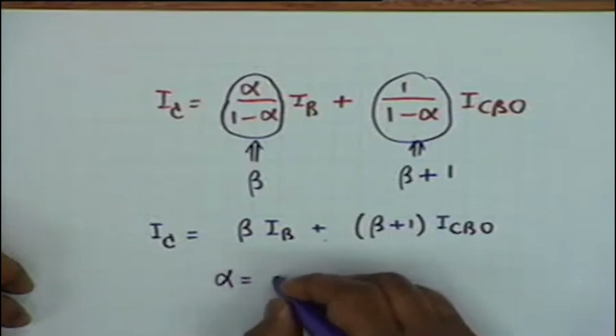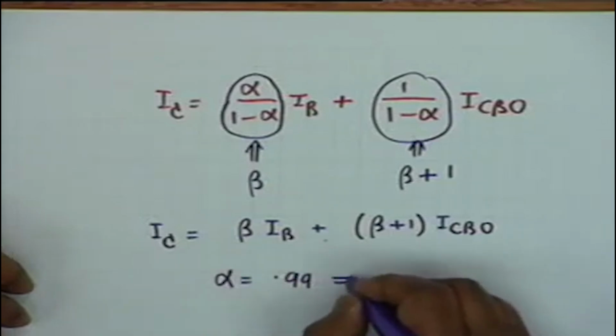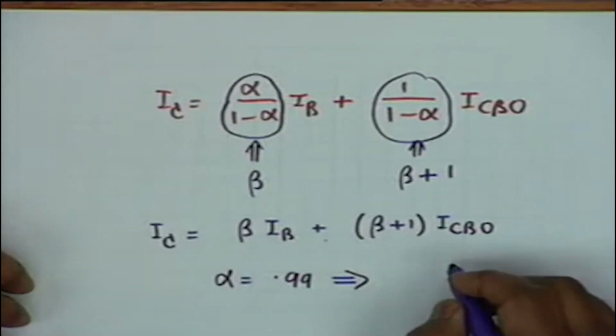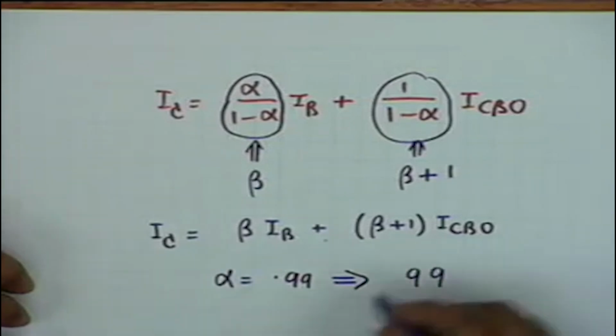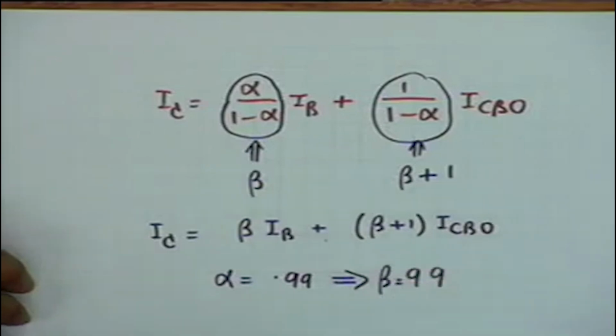For example, if alpha is equal to 0.99, then beta is how much? 99. Beta can be much larger than unity.